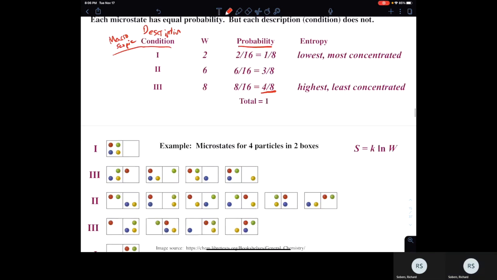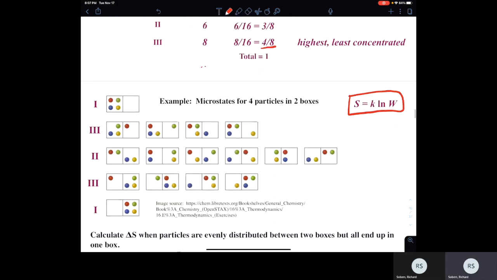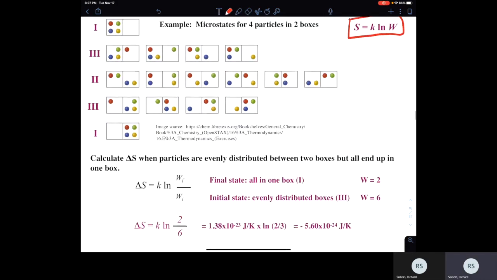Okay, so we can relate... sorry, here I'm getting ahead of myself. We could calculate the entropy. We can also calculate the change in entropy for any one of these macroscopic descriptions.